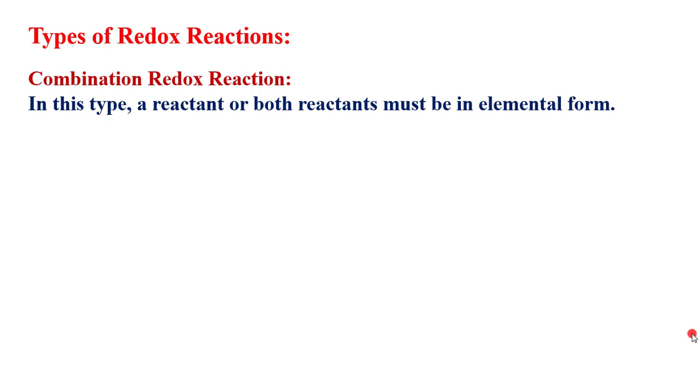So combination redox reactions are those where a reactant or both reactants must be in elemental form. A reaction will be called a combination redox reaction where a reactant or both the reactants must be in elemental form.